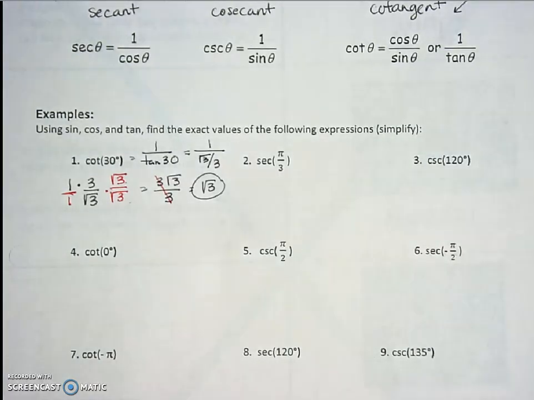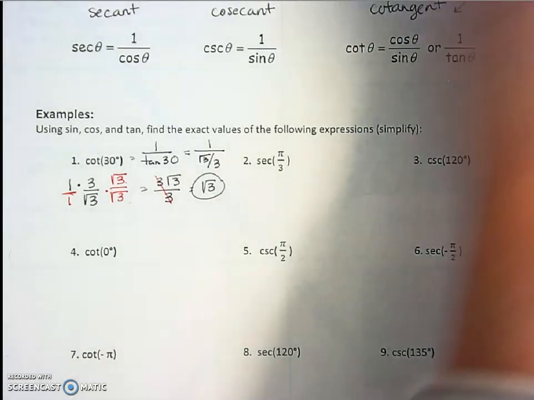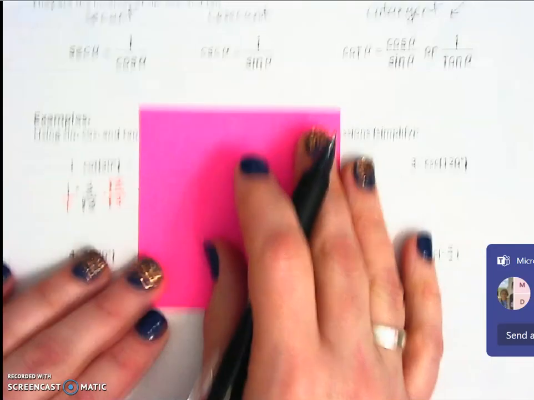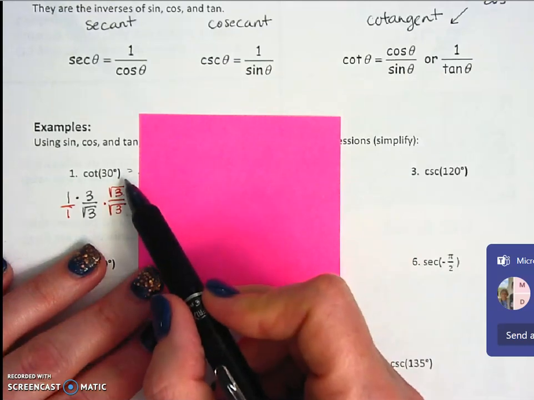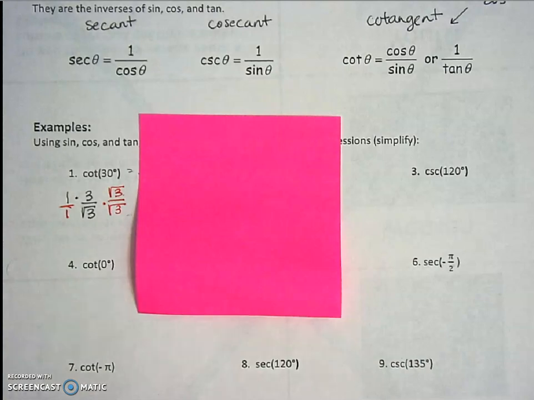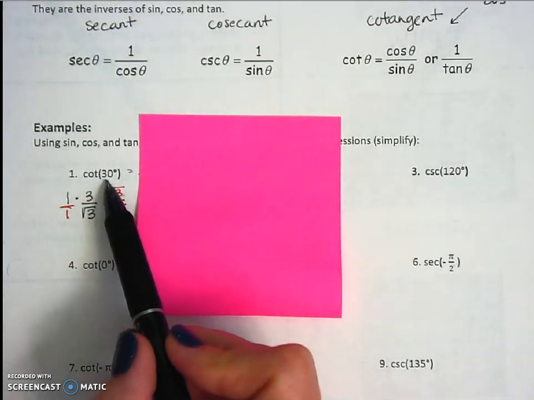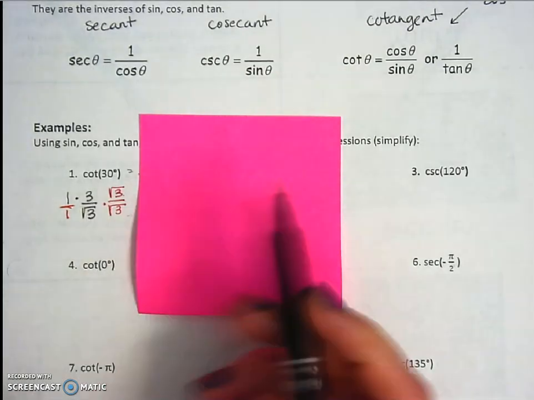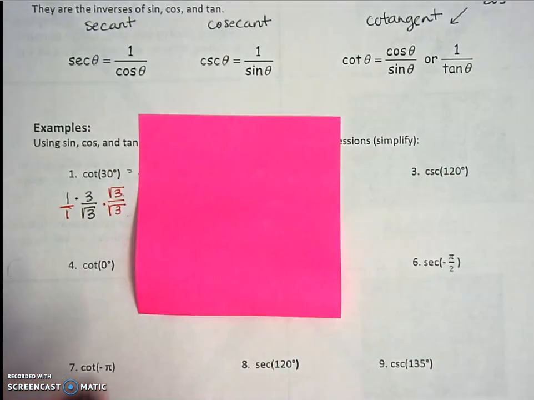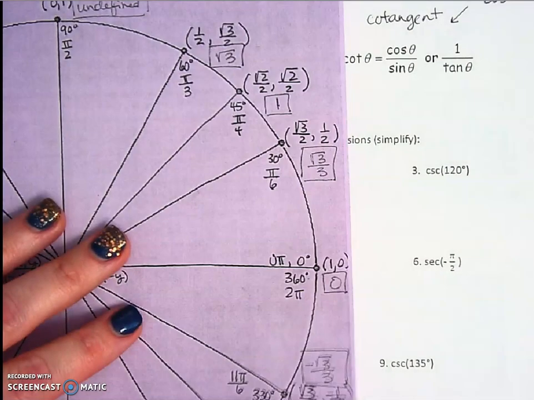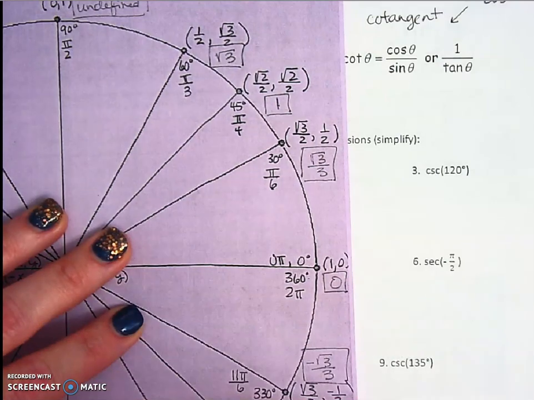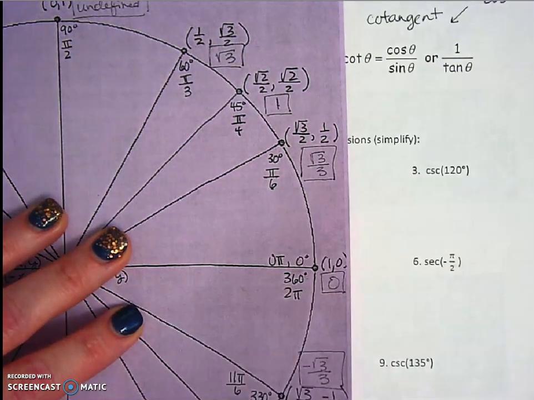A second way we could have done this problem is I could have said that if I already know that this is the reciprocal of the tangent of 30, then once I found on my unit circle that the tangent was rad 3 over 3, I could just immediately take the reciprocal of it and start there.